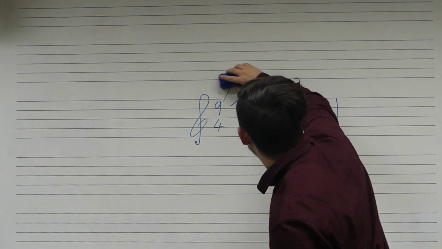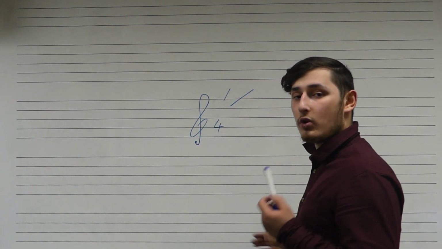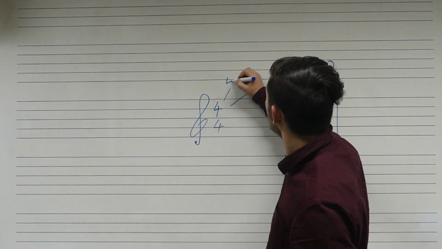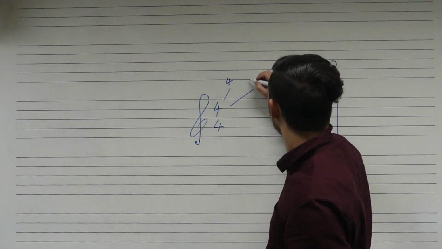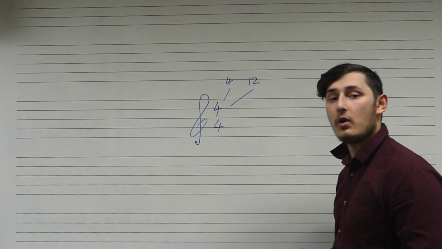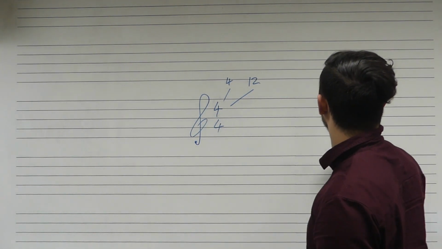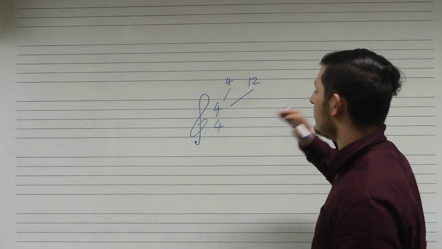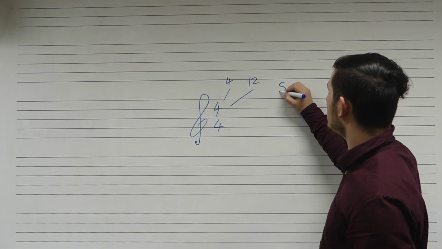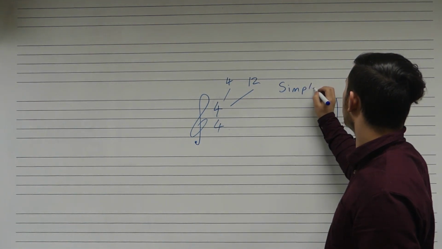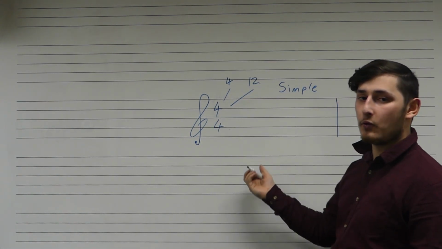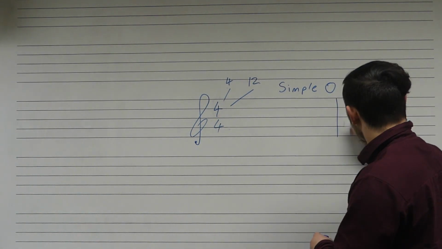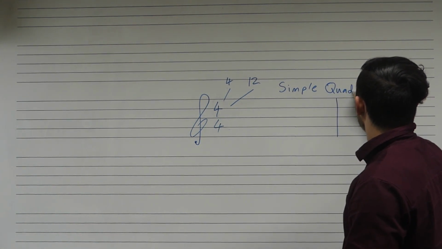And lastly, let's look at the quadruple time signature. This is if the top number is a 4 or a 12. In this case, for our 4/4 time signature, a 4 on the top is simple, and then a 4 on the top means that we have quadruple.